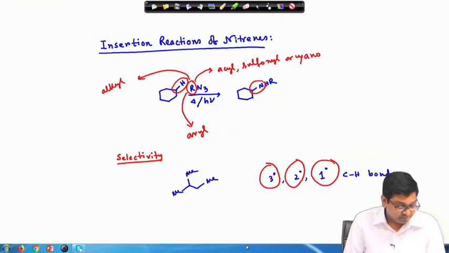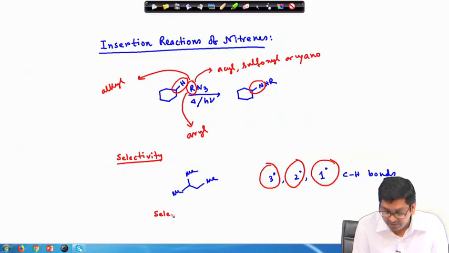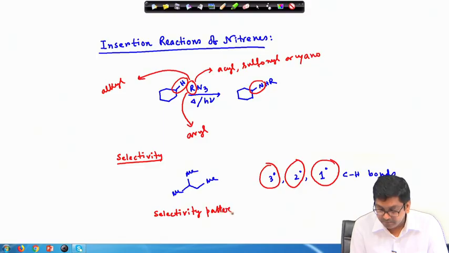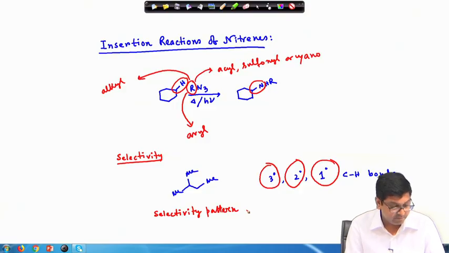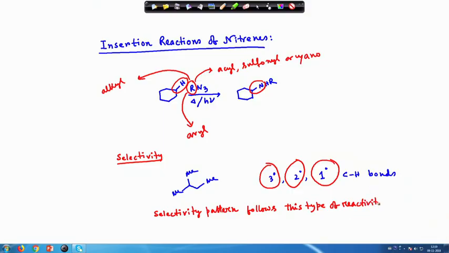So the selectivity pattern in general follows this type of reactivity: tertiary, then secondary, then primary.